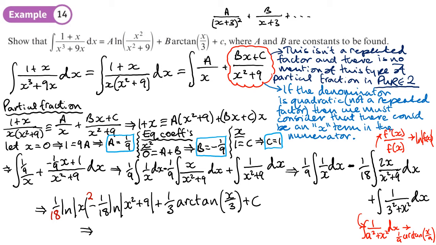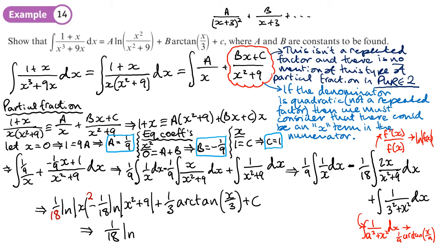So now I can put these together. It's a division, and it's going to be 1 over 18 at the front. Okay, so that's the value of a here. Then natural log.